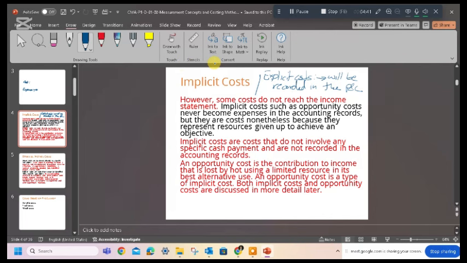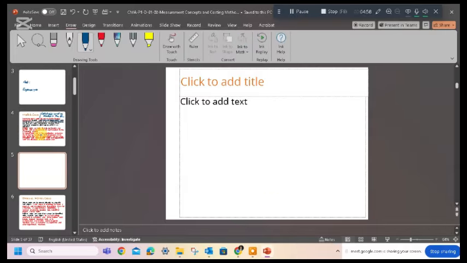There are some costs which do not come to the income statement. Example, opportunity cost. Let's try to understand opportunity cost.